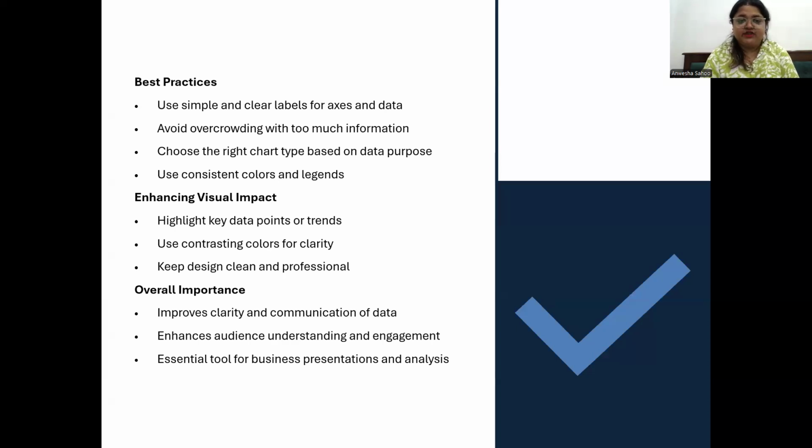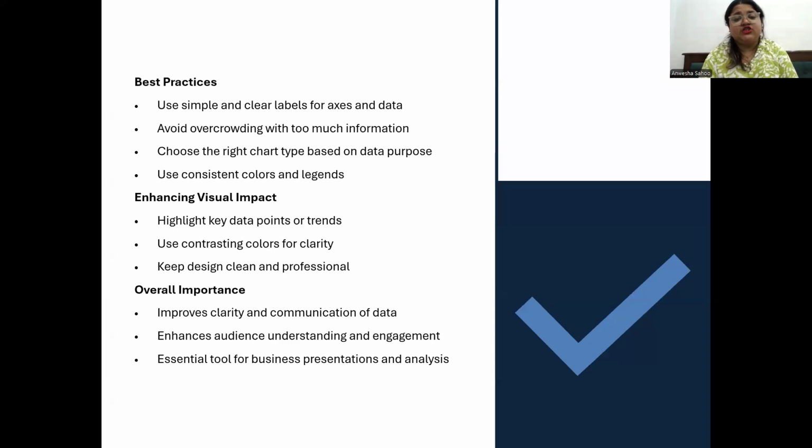It enhances visual impact, that is, it highlights key data points or trends. Use contrasting colors for clarity, keep the design clean and professional, and it also improves clarity and communication of data.